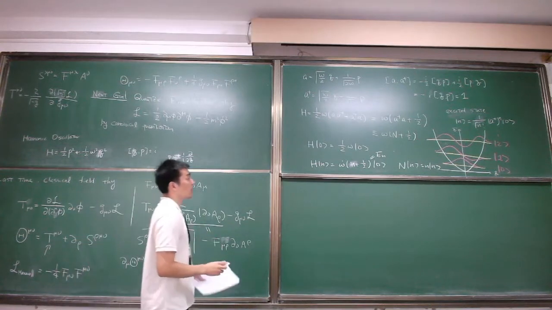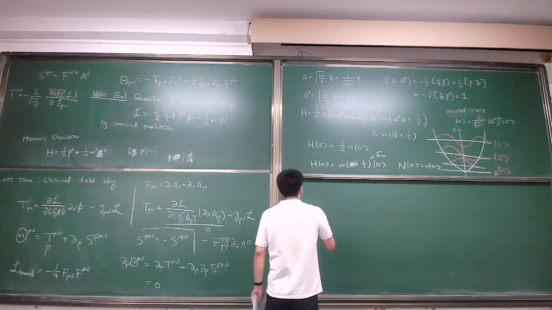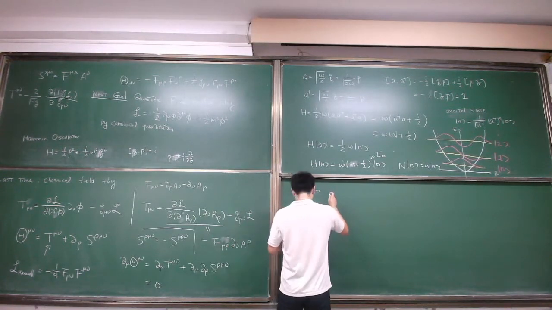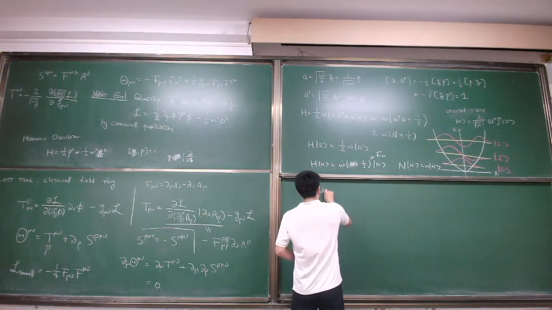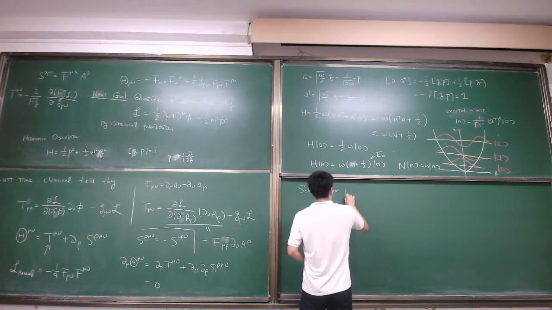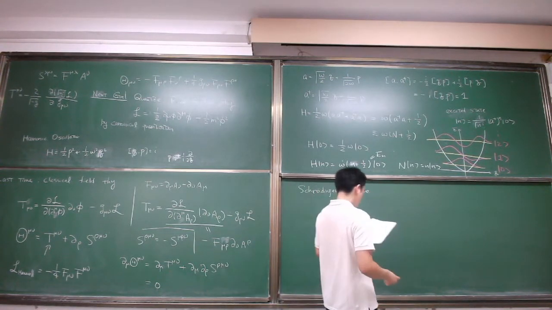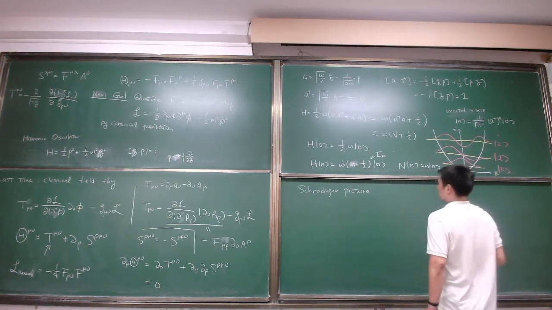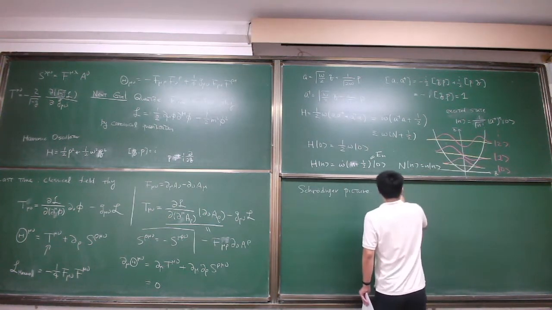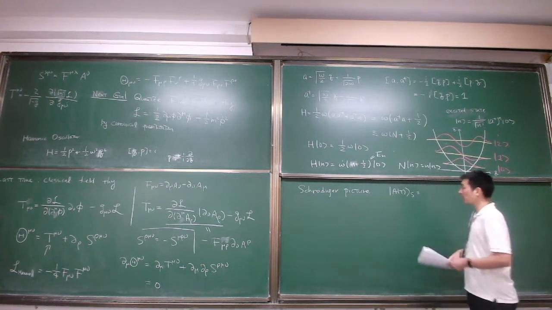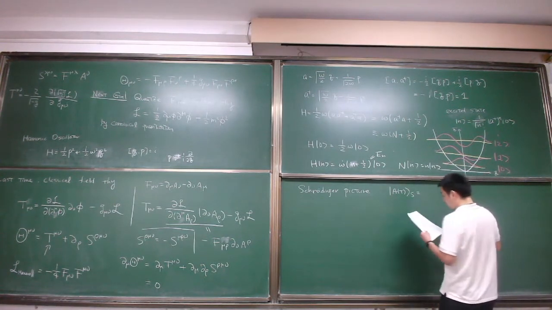Okay, and then in the Schrödinger picture, a bit boring maybe for you guys, the state evolves in time by a unitary transformation.